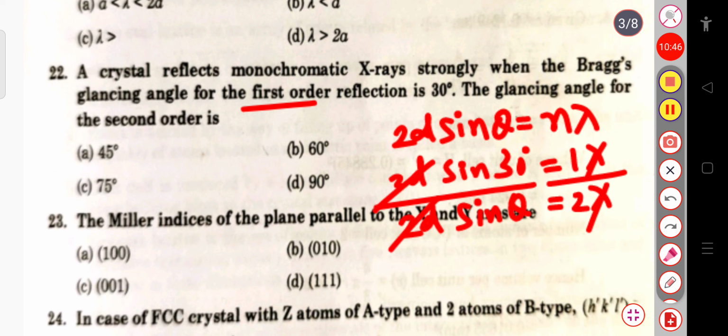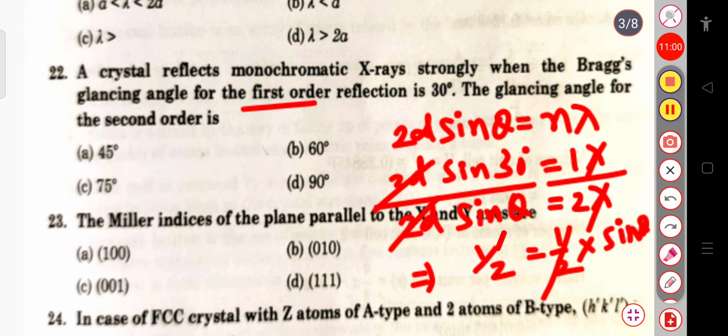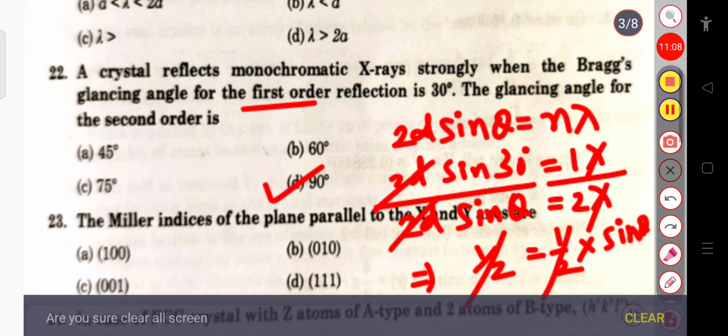Sine 30 is 1 by 2, so 1 by 2 equals 1 by 2 into sine theta, hence the 1 by 2 cancels. So sine theta equals 1, and theta equals 90 degrees. Simple question. Now we'll see the next question.